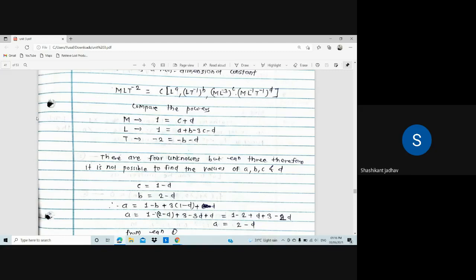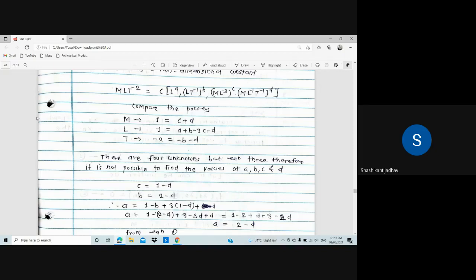Okay, so at the left hand side there is a force. So what is the dimension for the force? Force, that is M L T raised to minus 2. Force is nothing but, what is the unit of force? Newton. Newton is nothing but kg meter per second square.